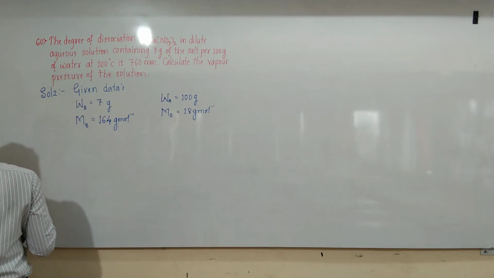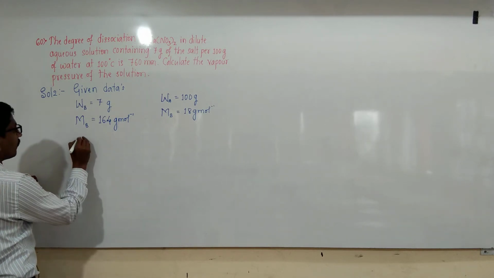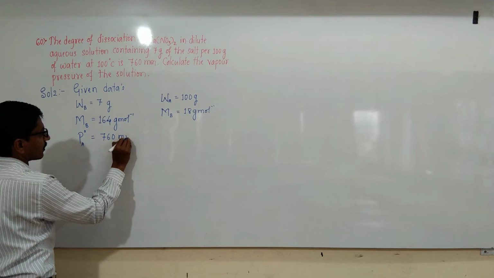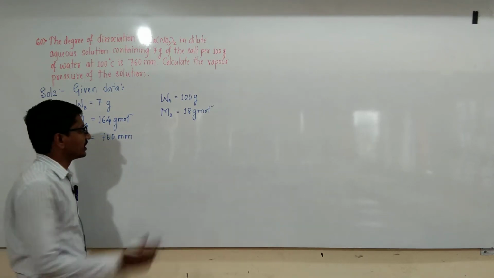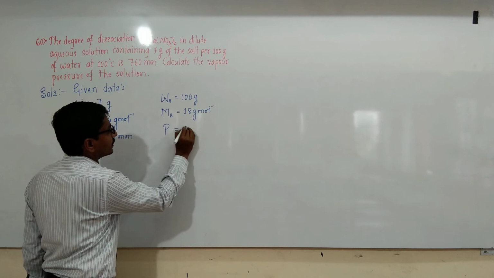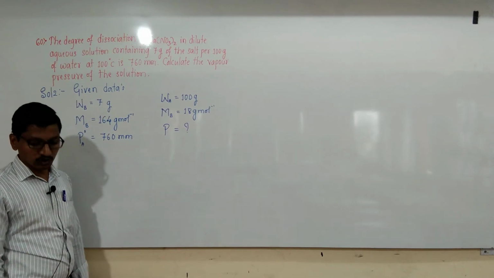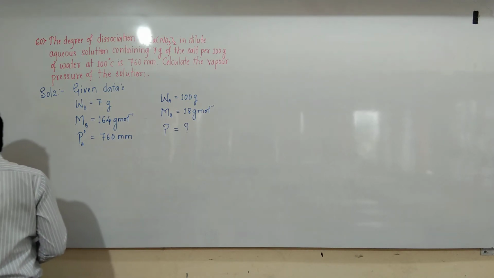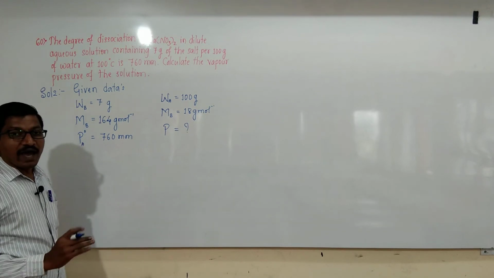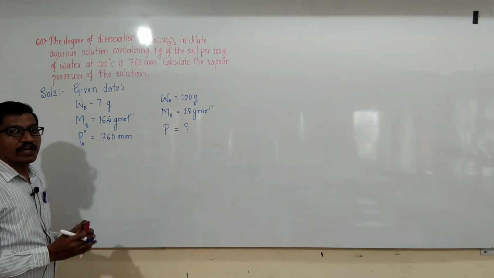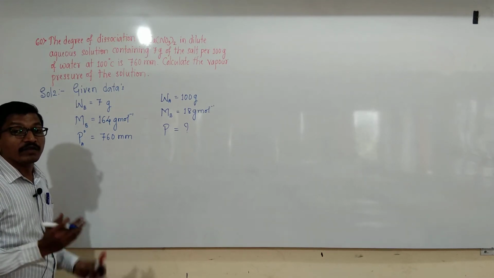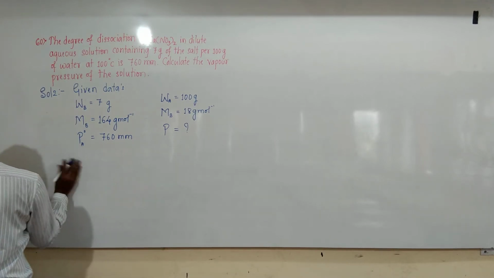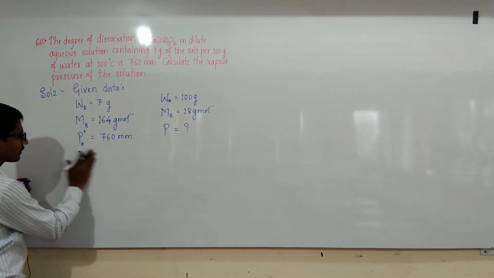From this, the vapor pressure of pure water PA0 is given as 760 mmHg, and P is to be calculated. Vapor pressure of the solution is calculated from this, and here the calcium nitrate is a salt, and dissolving in water it dissociates into constituent ions, and its van't Hoff factor changes, and here van't Hoff factor is also to be calculated.